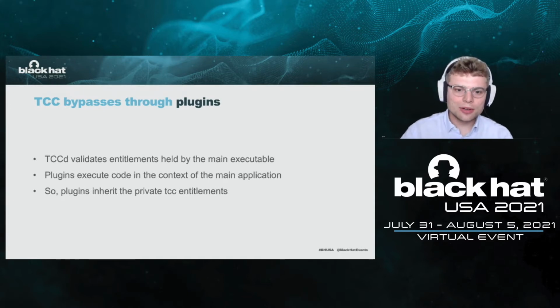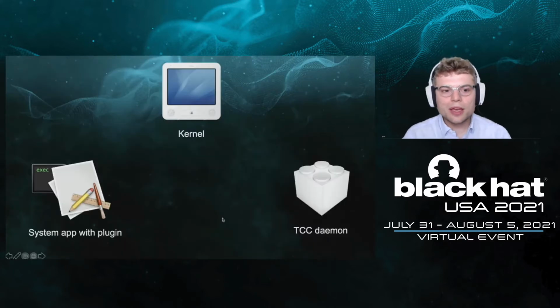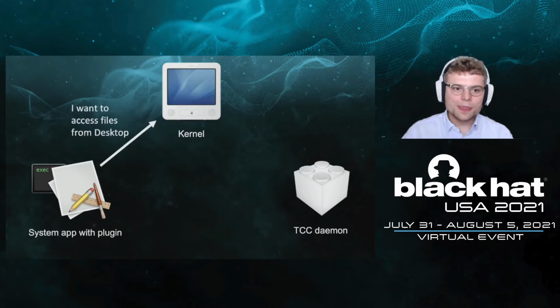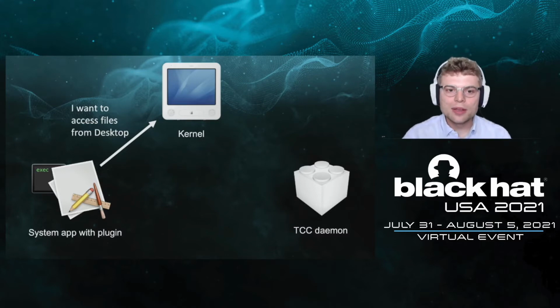Let's take a look at an example. We have three actors here: the system application with private TCC permissions that contains plugins, the kernel, and the user space TCC daemon. Whenever the system application wants to access files from the desktop, under the hood, the kernel will be asked if the permission could be granted.